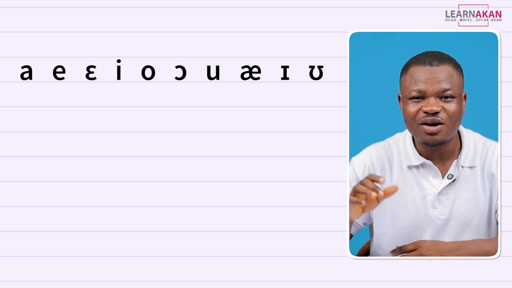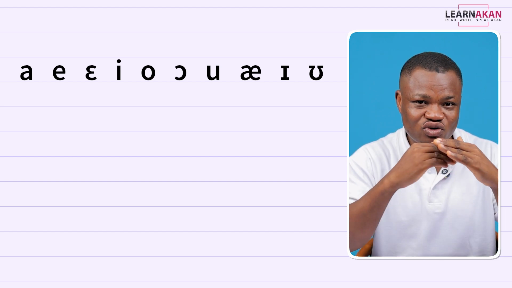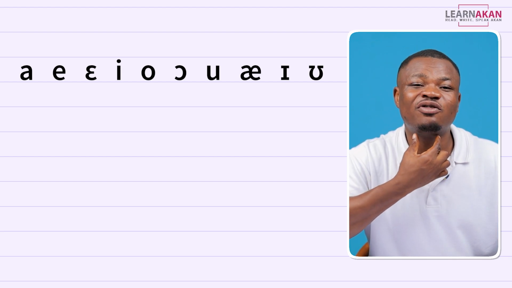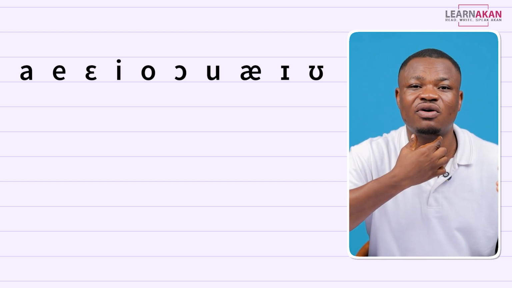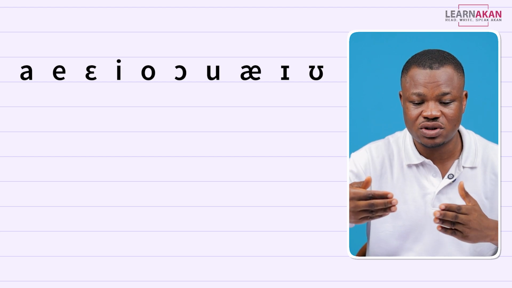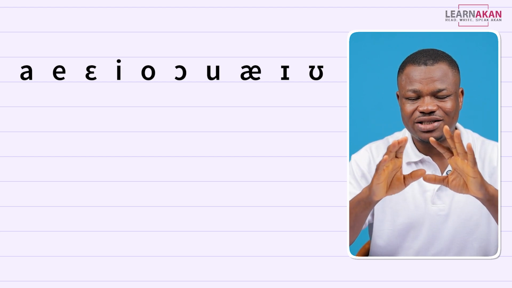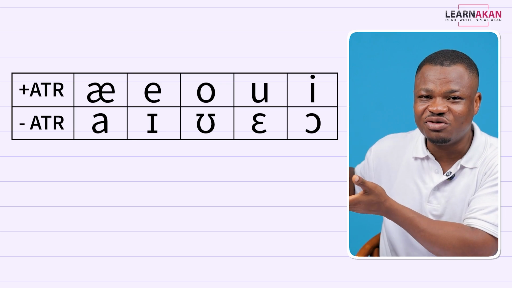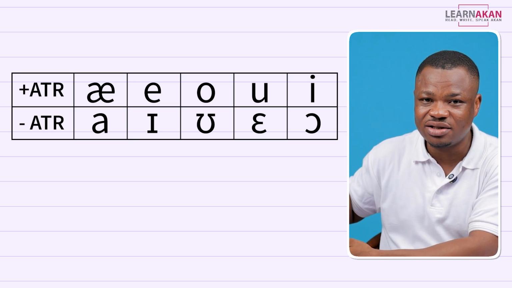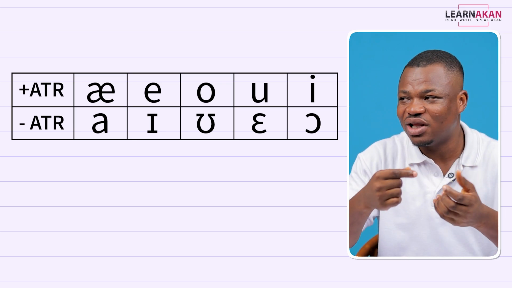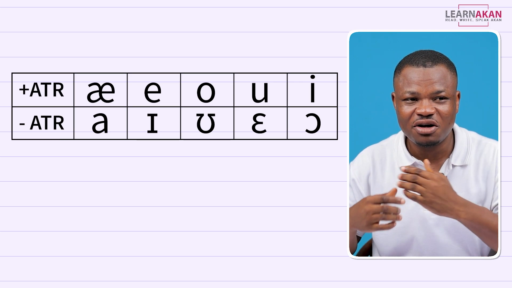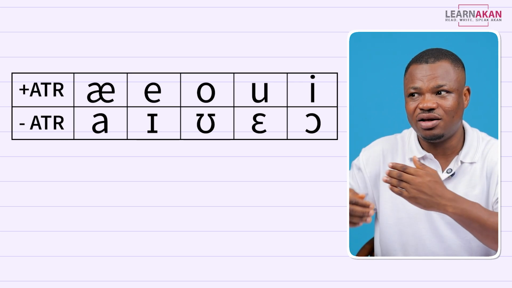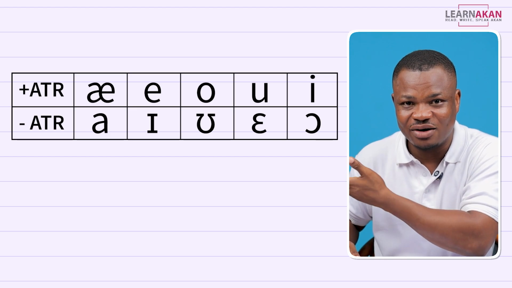Now, these 10 vowel sounds can be divided into 2 equal sets based on the position of the tongue roots, the root of the tongue when you produce the sounds. But you don't have to worry about that. I have made the division for you. You just have to memorize these 2. I just wanted you to know that the division was made based on the position of the tongue roots when you say the sounds.